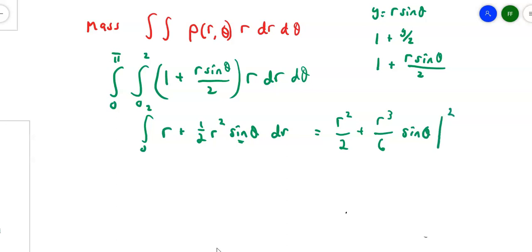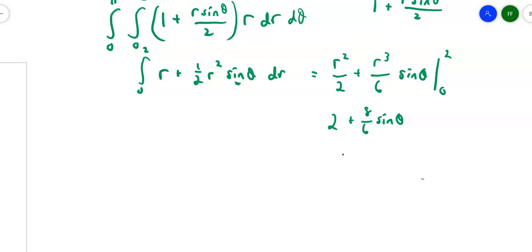We're going to evaluate at 2 and evaluate at 0. 2 squared is 4. Half of 4 is 2, plus 8 over 6 sine theta. When you evaluate the lower limit of integration, you just get 0. So I suppose I could simplify that 8/6. Let's do it when we write out the next integral.